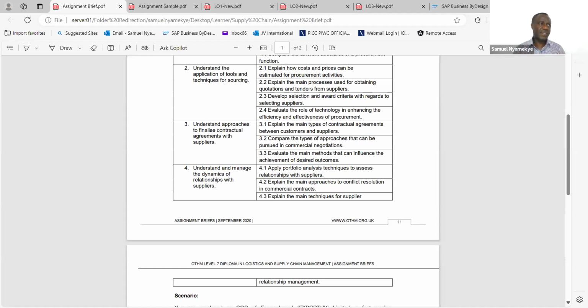The portfolio analysis we've explained. That is important for you to be able to pick the framework and use it to explain how you'll do your segmentation for the products that you want to buy, and also the suppliers you want to engage. If you are talking about leverage products, what sort of relationship are you going to form with those preferred suppliers that you are dealing with?